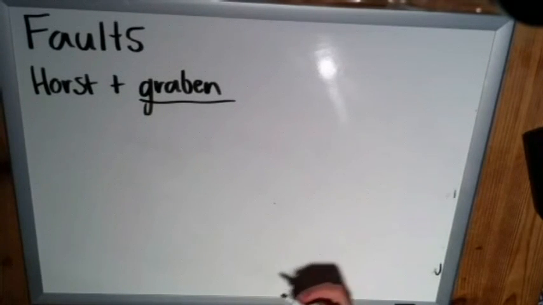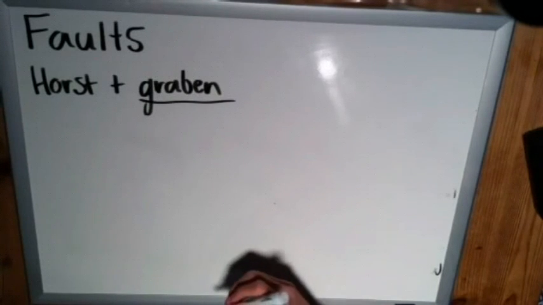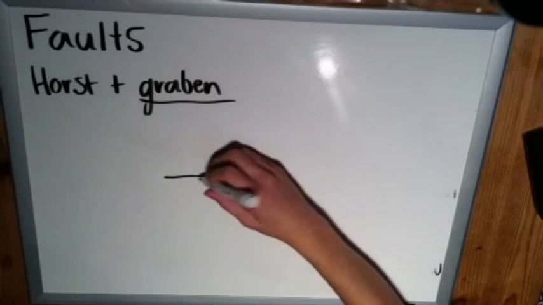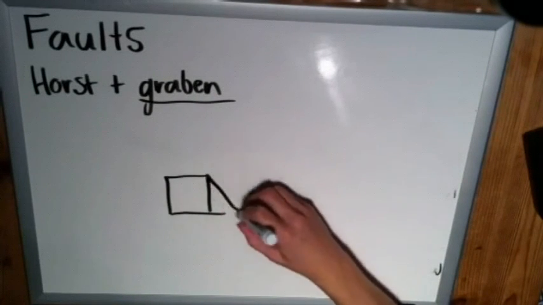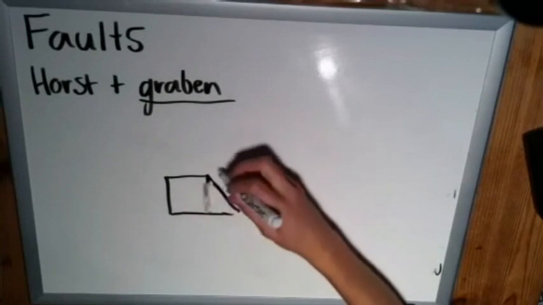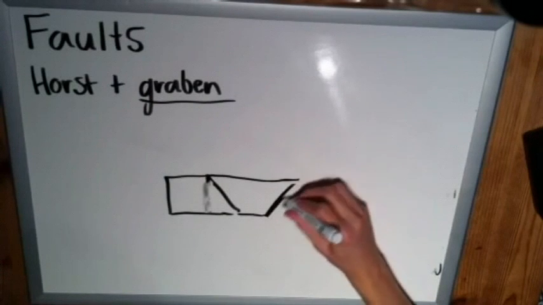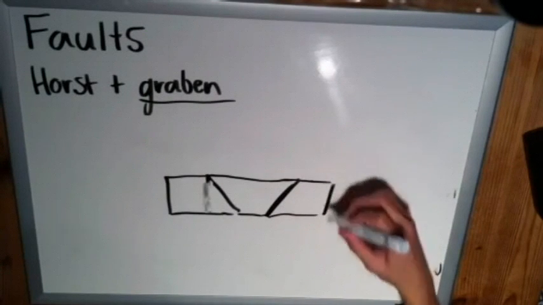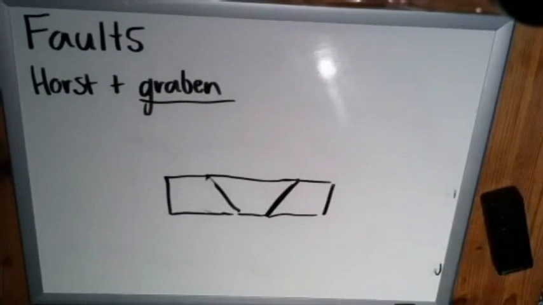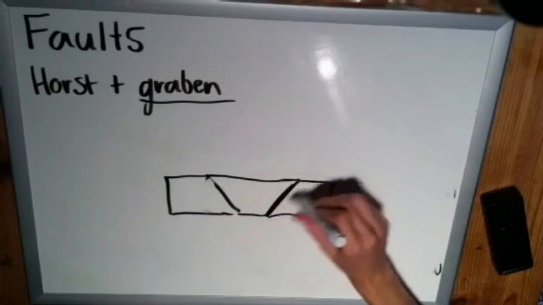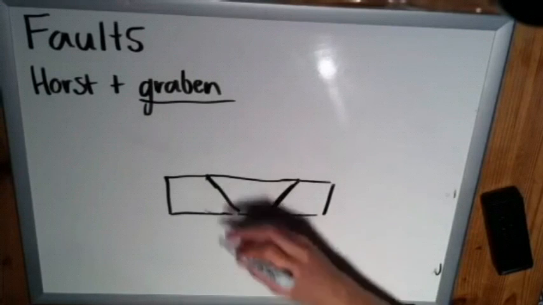But anyway, you would use them properly when you've got parallel faults, which means you've got something like this, where you've got two faults effectively right next to each other, such that these two footwalls share one block as their hanging wall.